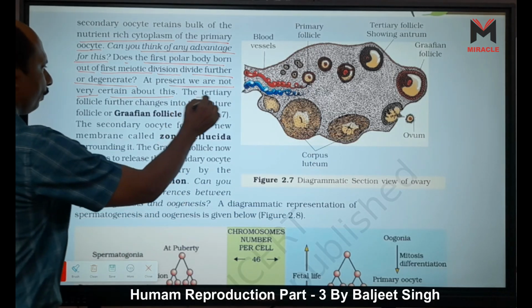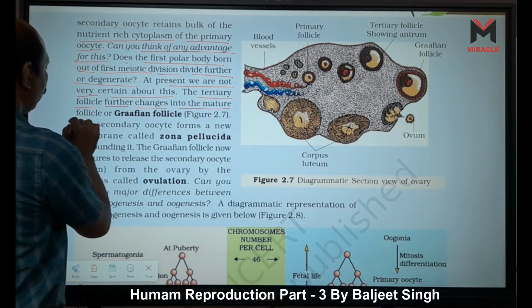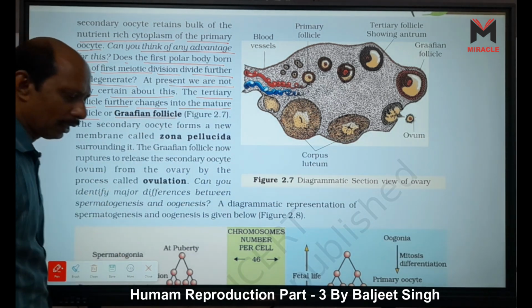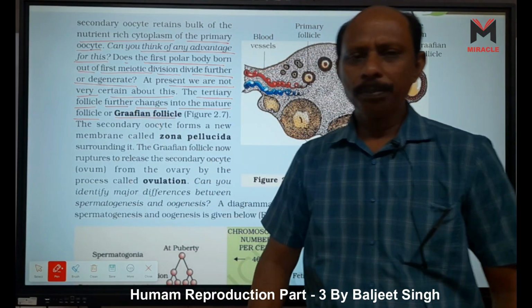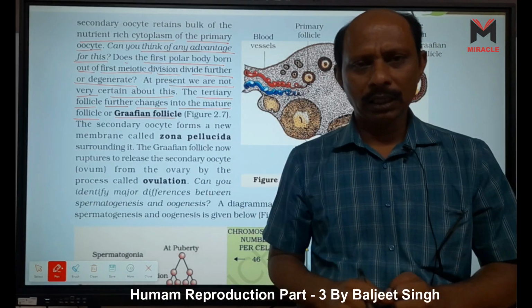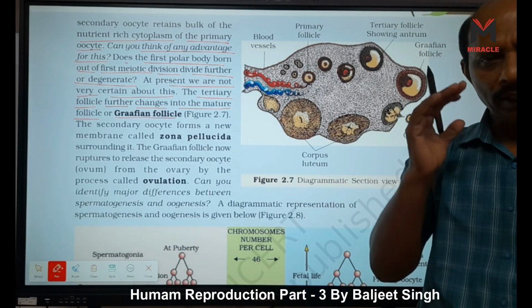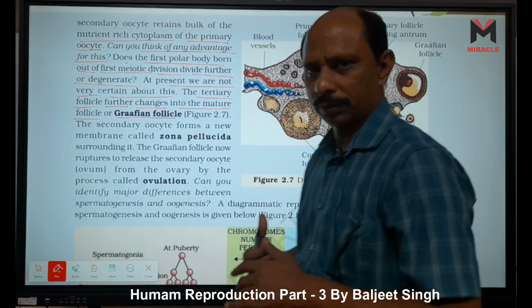The tertiary follicle further changes into the mature follicle, or the Graafian follicle, right? So what further change is there? Simply, we can say the antrum increases in size, and the theca externa, theca interna, and membrana granulosa become very thin, right? Also they secrete some hormones.